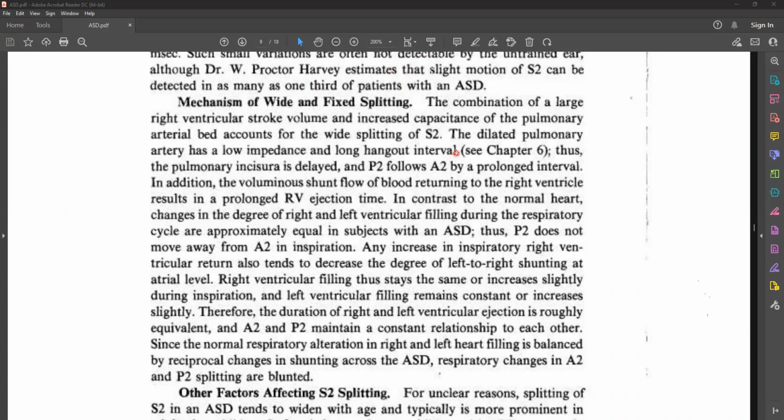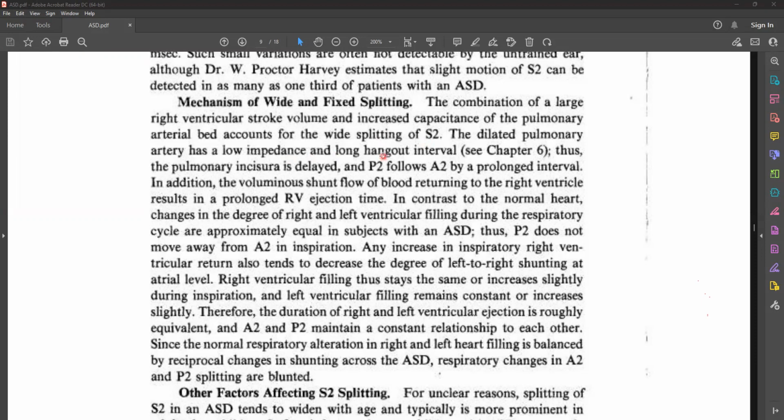I'll try to explain the entire paragraph here. The first thing mentioned is that there are two things: large right ventricular stroke volume and increased capacitance of the pulmonary arterial bed account for the wide splitting of S2. Now the dilated pulmonary artery has a low impedance and a long hangout interval.